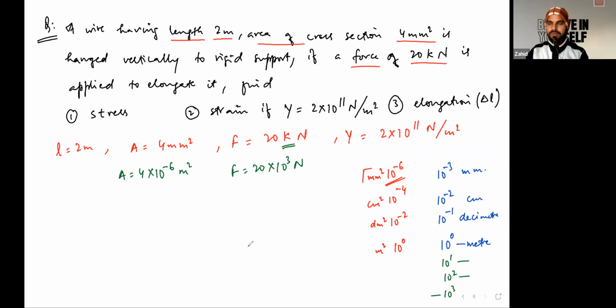Harsh, any problem while solving? So I'm getting 5 into 10 raised to minus 3.